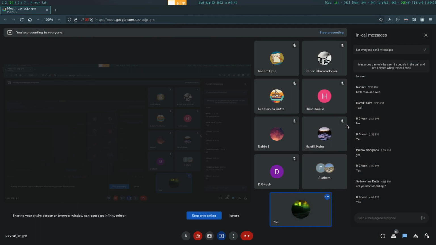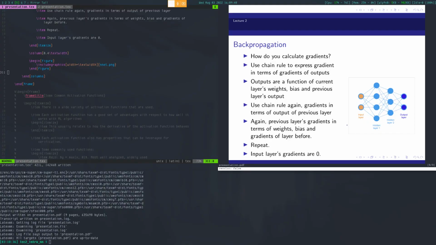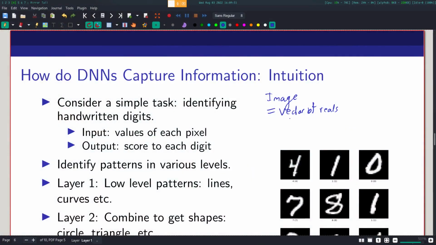Any questions? Okay, fine. So we have an input which is an image, but we can encode it like a vector of reals. Similarly, our output is supposed to be what digit this is, right? So we have 10 options, 0 to 9. What we ask our neural network to do is to give a score to each one of these options, and a higher score corresponds to the neural network telling us that it thinks it's probably this digit.